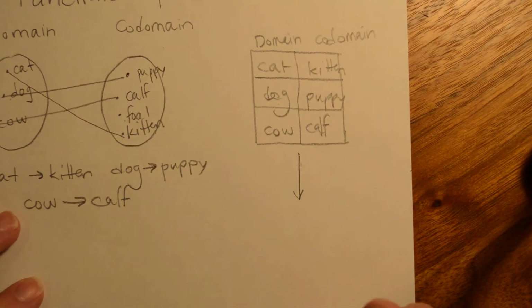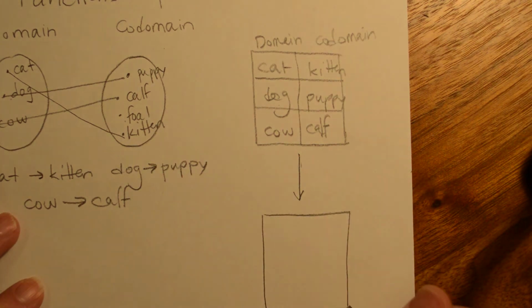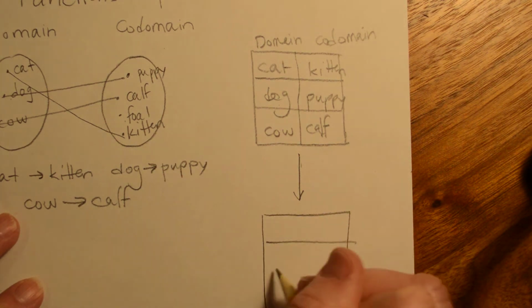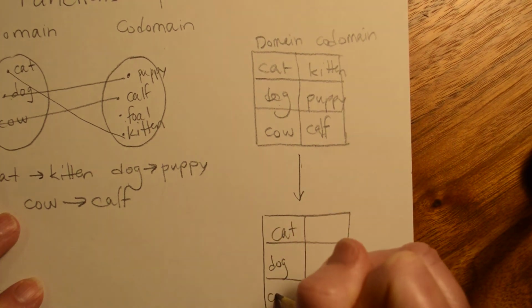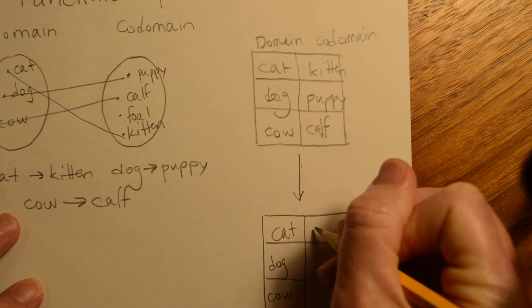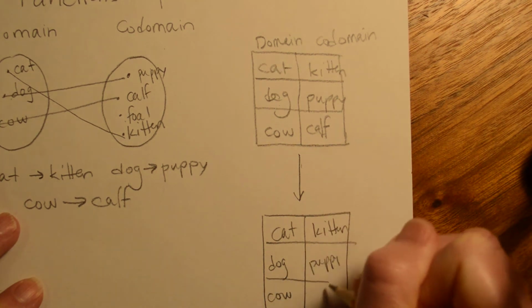So the next thing we could do to build it up and make it more true to math is, we'll do the same thing here. Cat, dog, cow, kitten, puppy, calf.